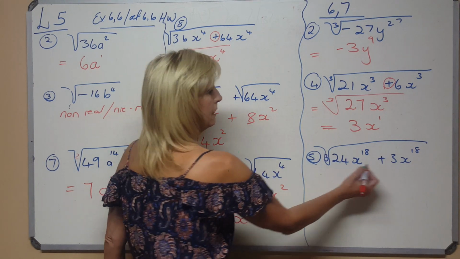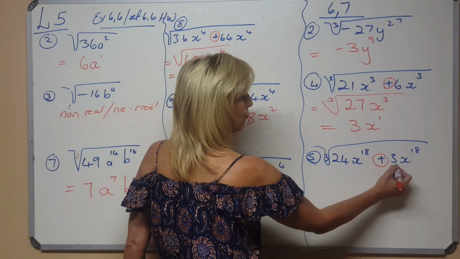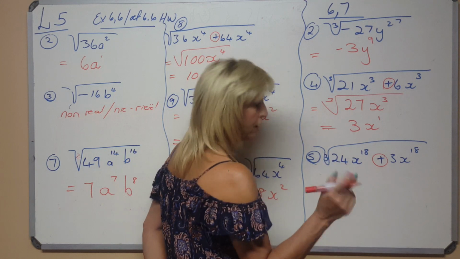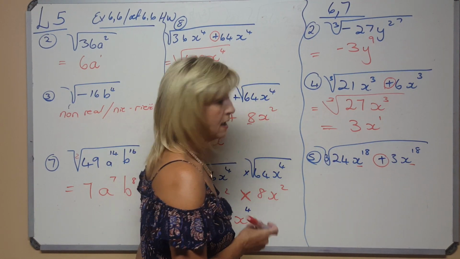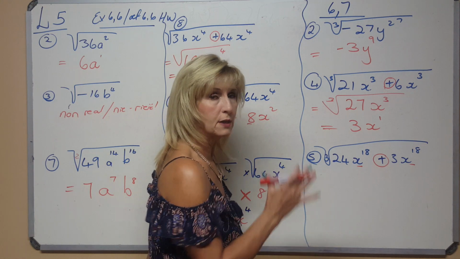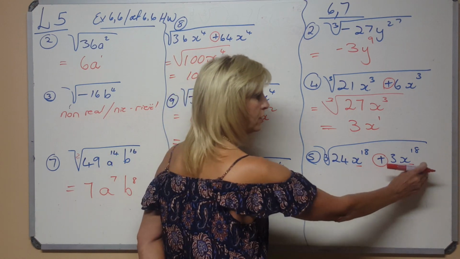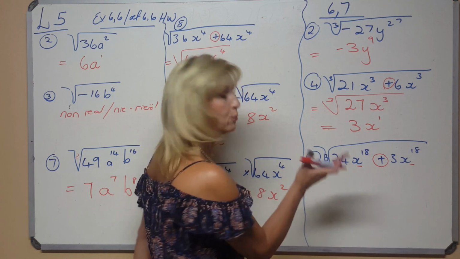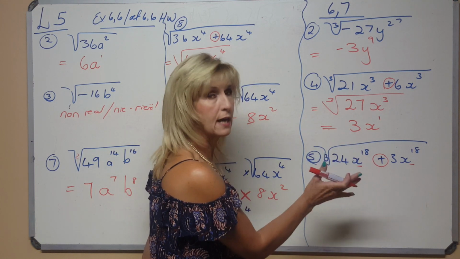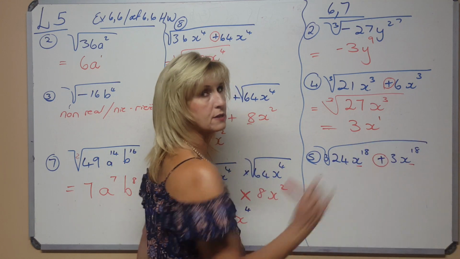Same thing. First you have to add, so 24 and 3, if and only if it's like terms. As dit gelyksoortig is. As dit nie gelyksoortig was nie, kon jy nie met hierdie som aangaan nie. If they were not similar, like terms, then I couldn't carry on with the sum. That would be it. Then that's the answer. And you can in math get a big answer like that.